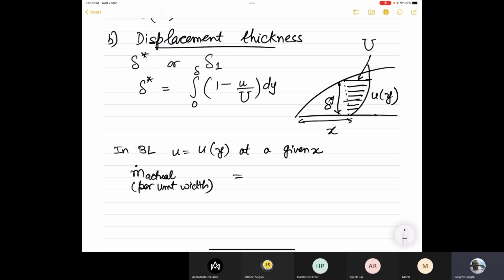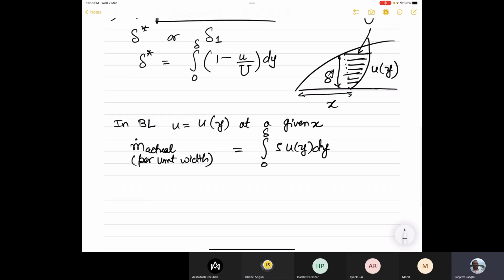What will be the mass flow in this cross section from 0 to delta? Can anyone tell me what sort of an integral this will be? What is the actual mass flow? So the integral of rho times u dy with limits going from 0 to delta. Is that fine? Yes, sir. Does everybody understand? Yes, sir.